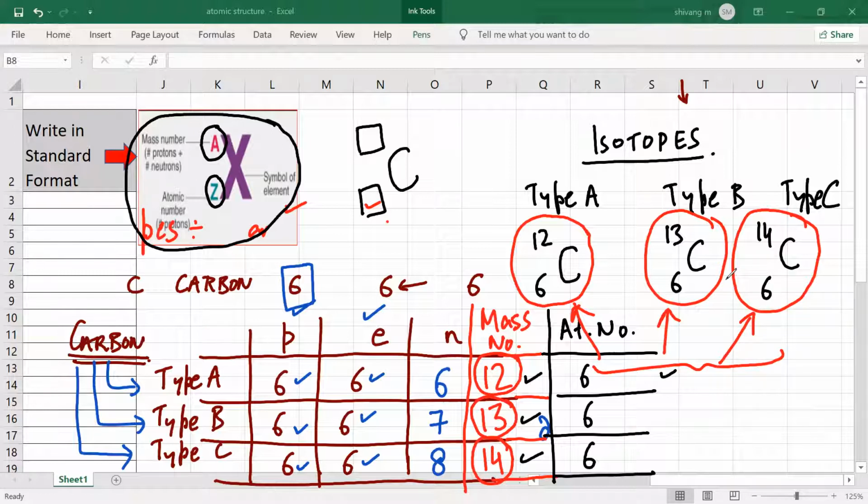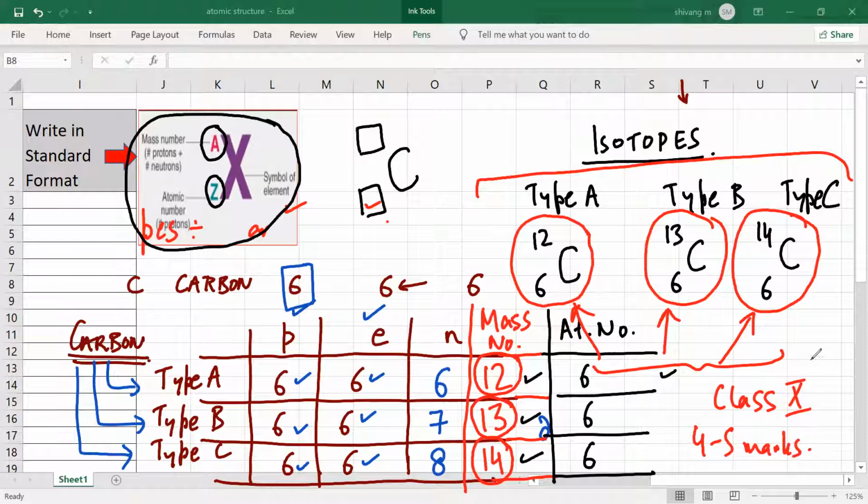Yes, sir. Mr. Satya, in your class 10th IGCSE board, this question is usually asked. Whatever we have discussed till now will cover at least 4 to 5 marks, because the question would be asked in your MCQ and also in your theory question.